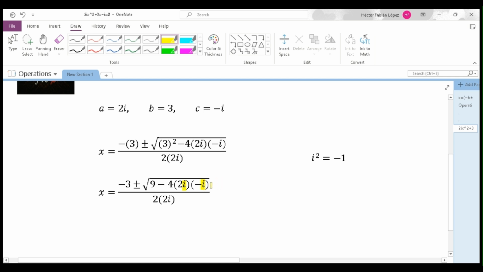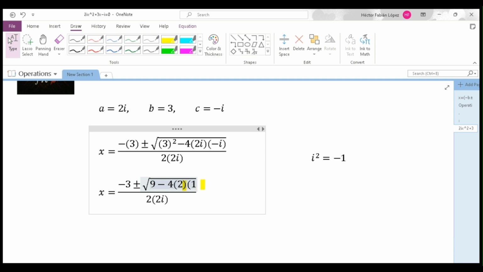Now, this negative 1, we will multiply it by this negative. It implies we have positive 1. Then we have positive 1 times 2, and we will replace it here, 2 times positive 1.